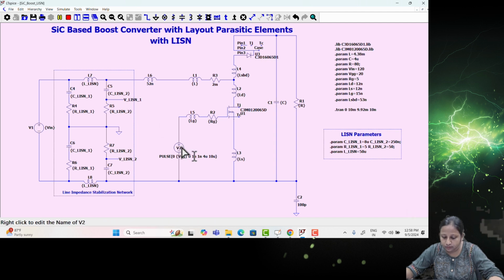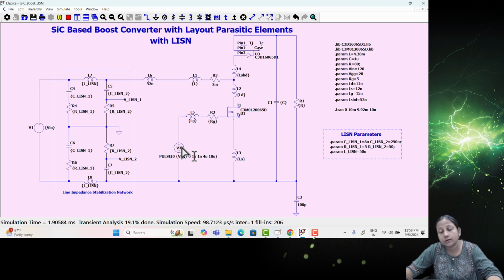And now if you see the simulation results, you can check the noise level. I just wanted to show you how this is going to be different for wide bandgap devices. Now we have selected 100 kilohertz, and you can go for 1 megahertz also.